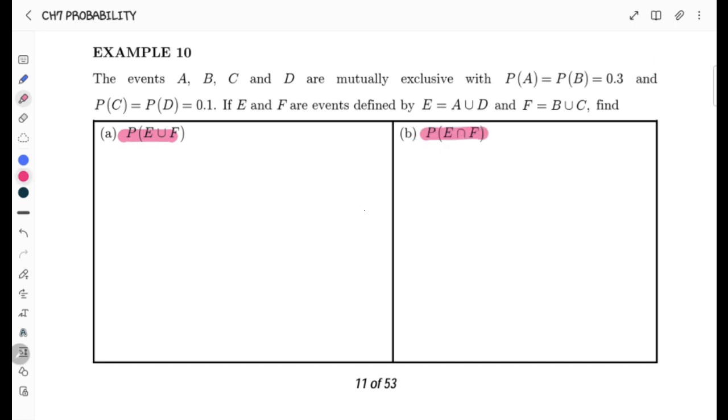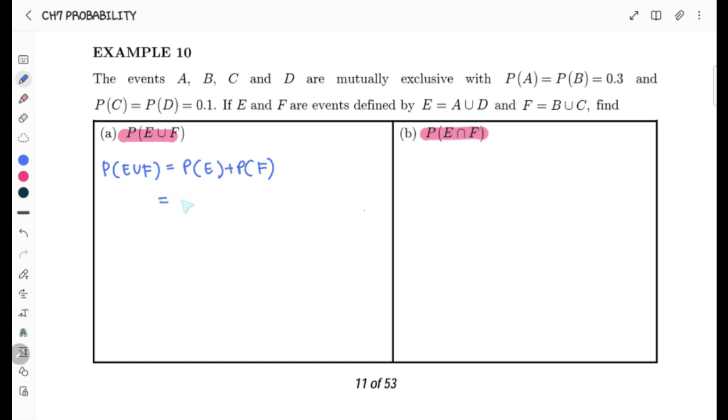Since you already know that A, B, C and D are mutually exclusive and E is the union of A and D and F is the union of B and C, that means that E and F are mutually exclusive events. So for E union F, you have PE plus PF.